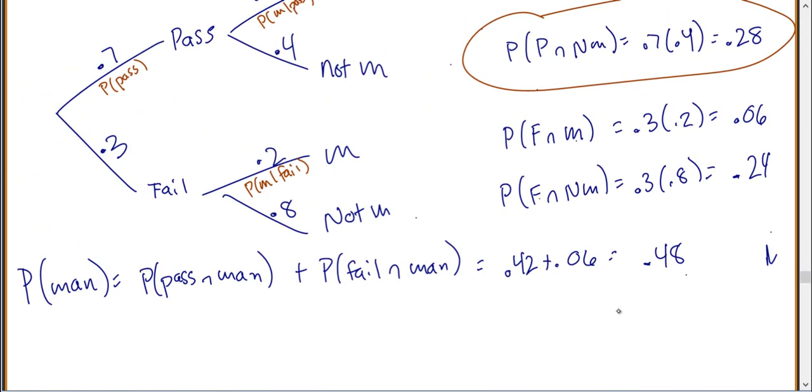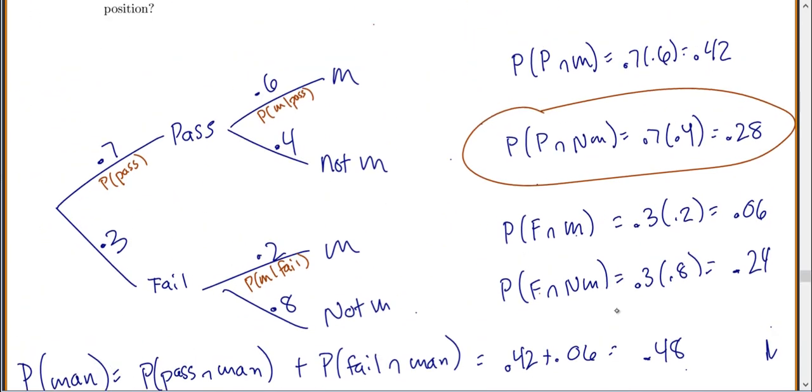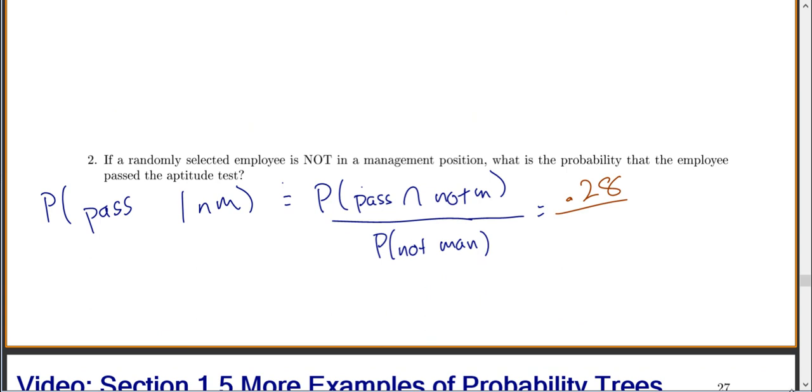You can come back up and say, this one has a not management, and this one also has a not management. So I need both of those, 0.28 and 0.24. So it's 0.28 over 0.52, which is 0.538. So if you're not in management, there was a 53% chance that you actually passed the test, you just didn't make it into management.